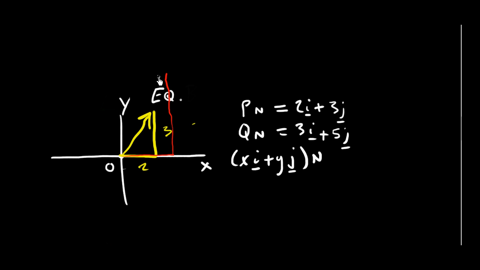Something like that, and they're both positive. So this would be our Q that they give us, and this would be the P.